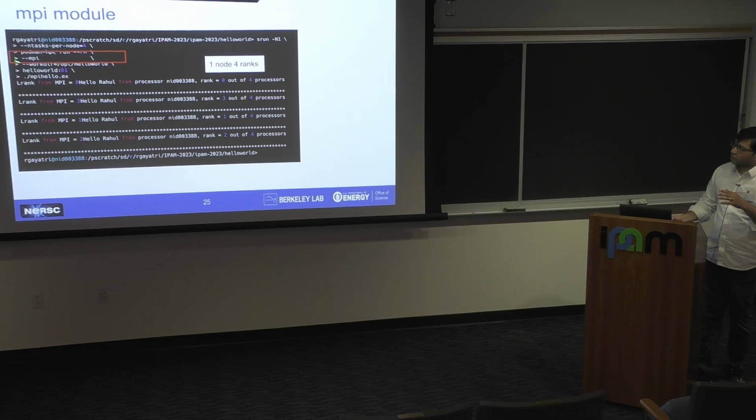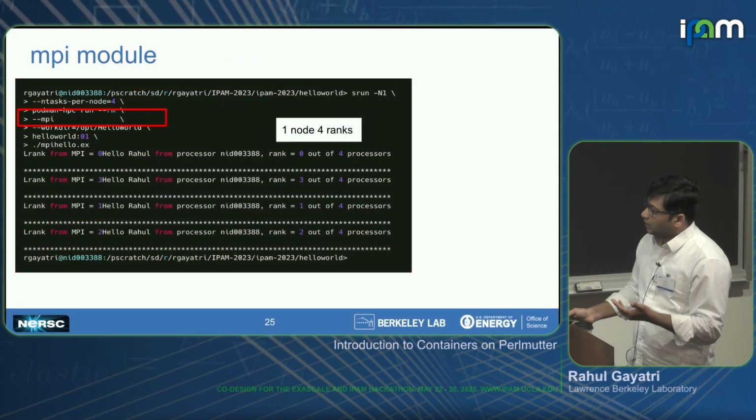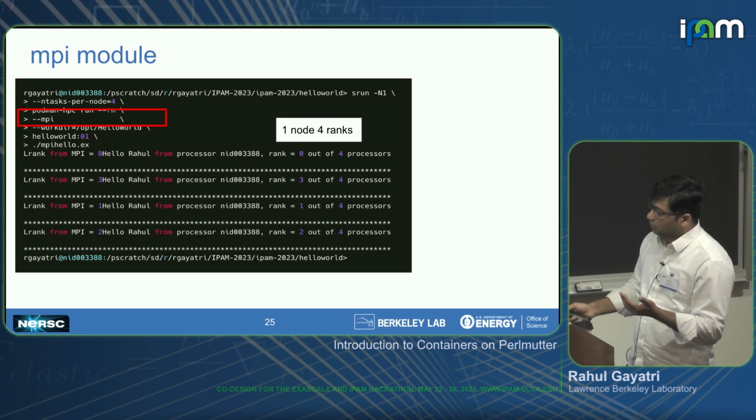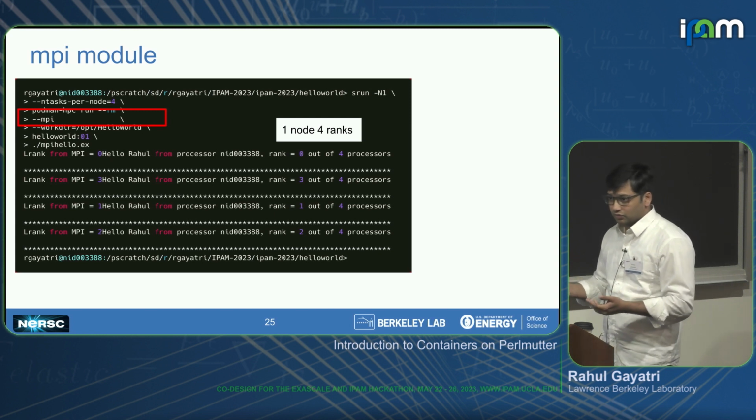It's the same set of commands that we saw in the previous slide, except that now with podman-hpc you also add the --mpi flag. The first obvious thing is it does not run a CUDA image because it's not a container image anymore, but it runs 4 MPI ranks, 0 out of 4, and you get the right number of ranks and the right processor numbers and all that.